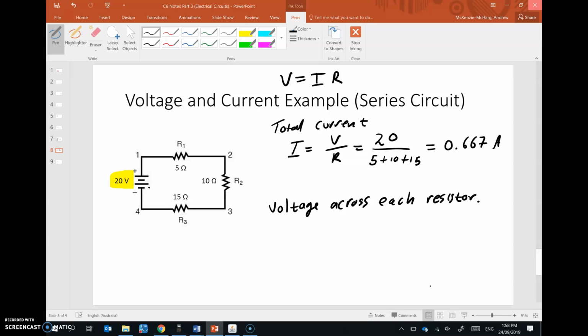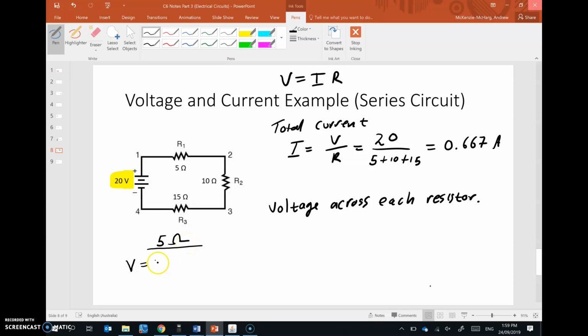Okay, so what is the voltage across each resistor? So let's look first at the 5 ohm resistor. Make a little heading here. So we're going to use Ohm's law here, V equals IR. So the voltage across this 5 ohm resistor is equal to the current times the resistance.